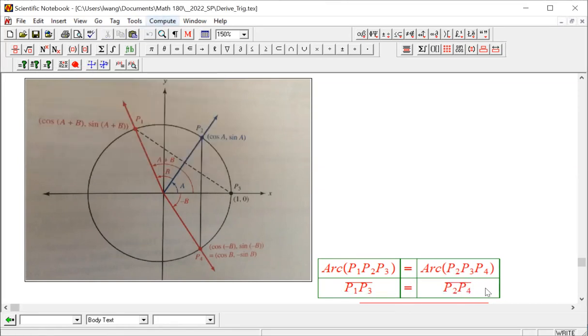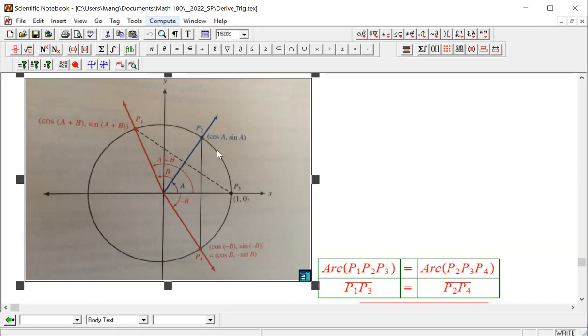So these two line segments are the same. And according to this observation, we are going to set up our identity. We're going to prove our identity.